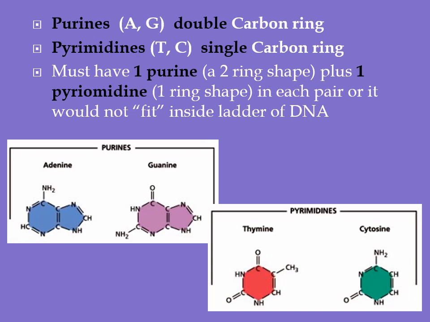You can only have a total of 3 rings going across. You can't have A and G linking together because that's going to give you 4 rings and make the ladder unstable. And you can't have T and C linked together because that's only going to give you 2 rings, and that's going to make the middle of that ladder not be connected all the way across. So we have to have that pattern being followed.